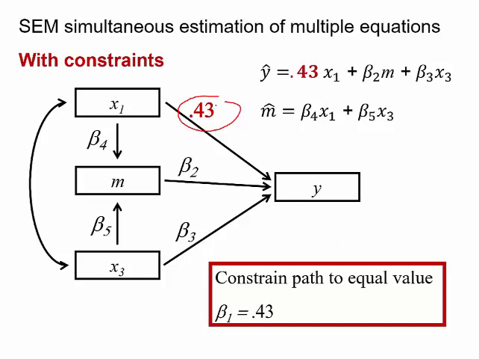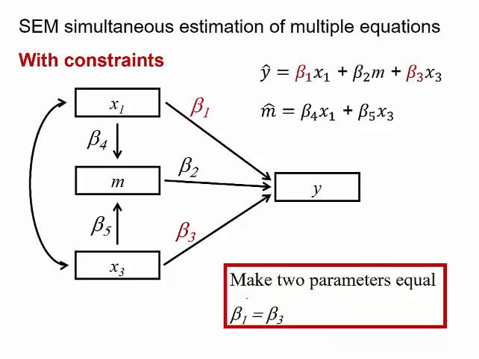We wouldn't do that type of constraint that often, but it helps to illustrate the types of things I mean when I say constrain. So in this case, I've constrained beta 1 to equal 0.43.